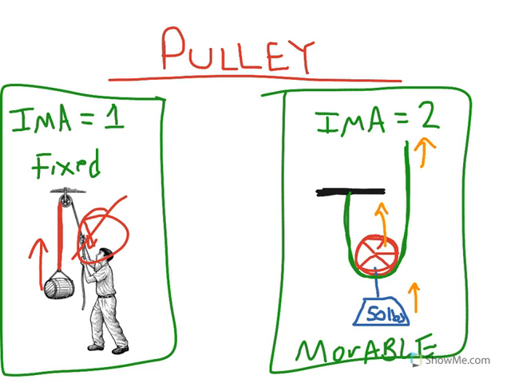Notice the person is pulling in the same direction as the weight is moving, the load, I should say. So in that case, we can count that strand. And then also, this strand here on the left we can also count. So that gives us the ideal mechanical advantage of 2.